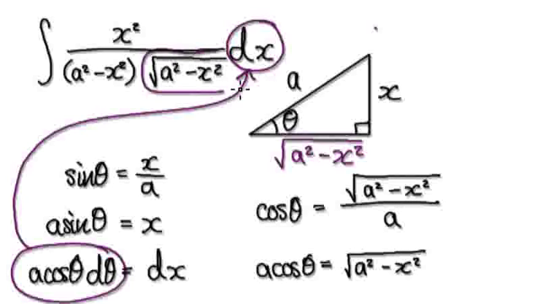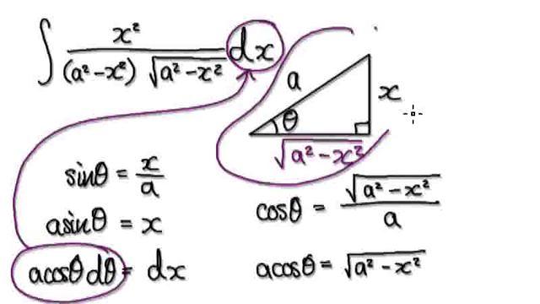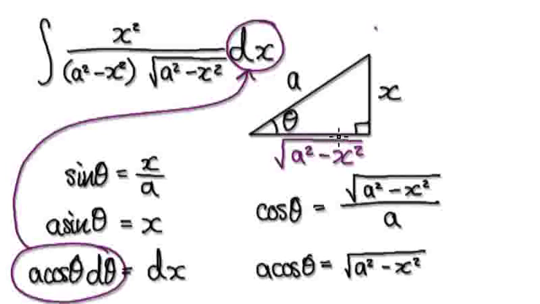Well, to replace that complicated thing here, you would look at your diagram. If you look at cos, cos theta will be adjacent over hypotenuse. So you're trying to isolate this thing here. So times both sides by a, that will then give you this.